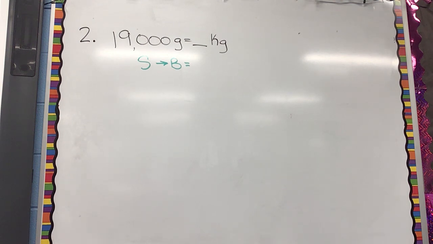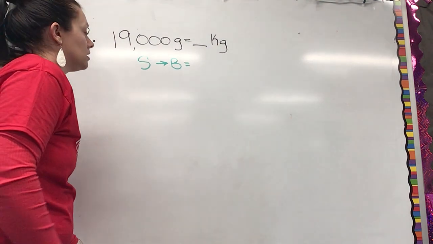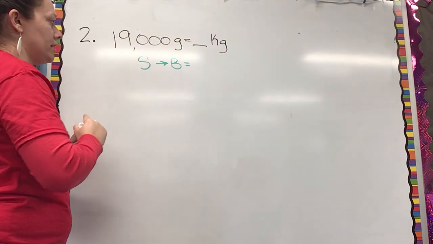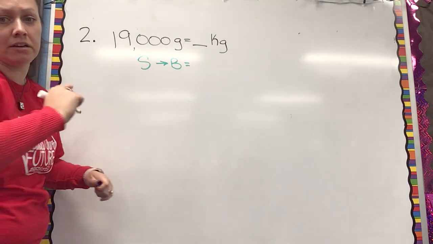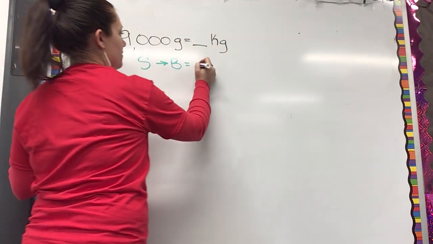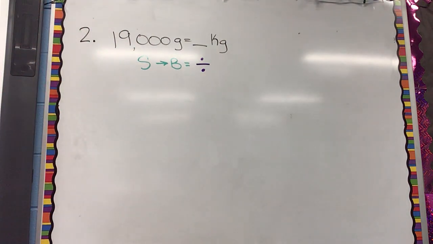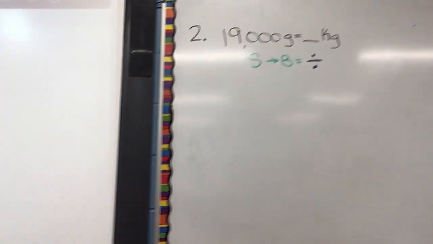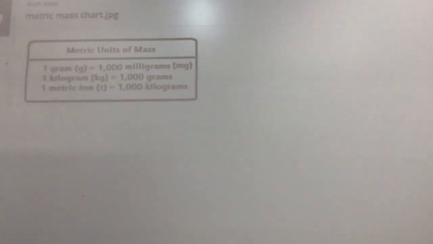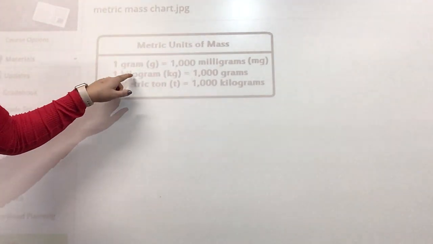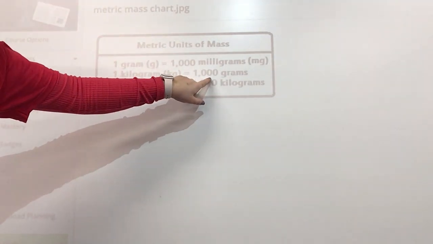All right, let's check this one. We said we're going from a small measurement to a larger one, a bigger one. So what kind of computation does that get? Division. Division, very nice. And what am I dividing? How many kilograms? 1 kilogram equals 1,000 grams.